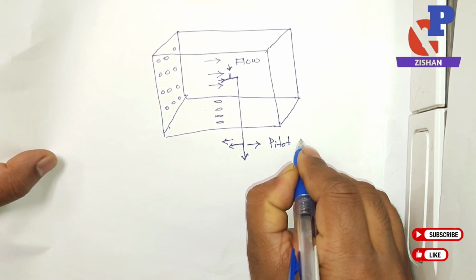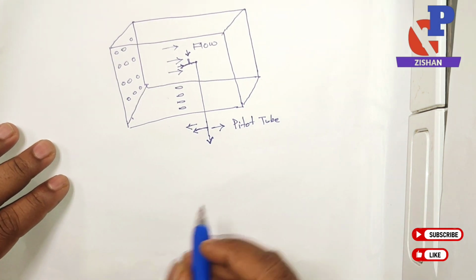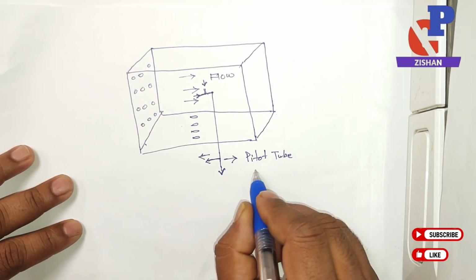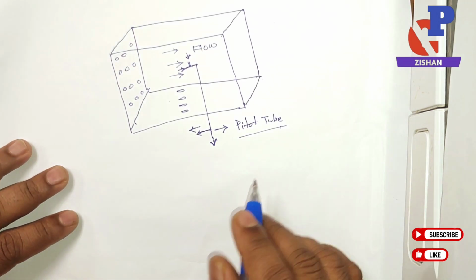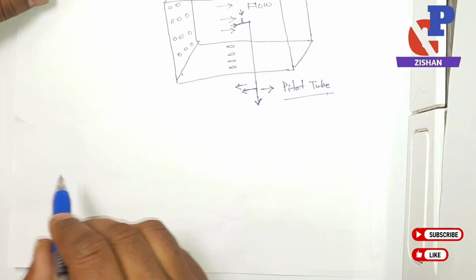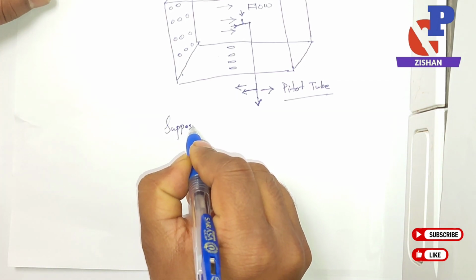That's why we have to use a pitot tube. In a pitot tube there are 2 types of pressure, one is static pressure, another is dynamic pressure. Static pressure is the reference point. Pitot was the scientist who made this tube for the calculation of velocity and volume.